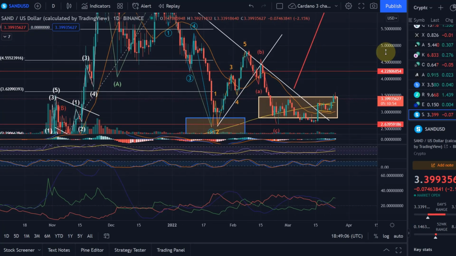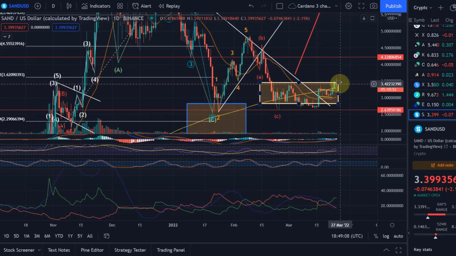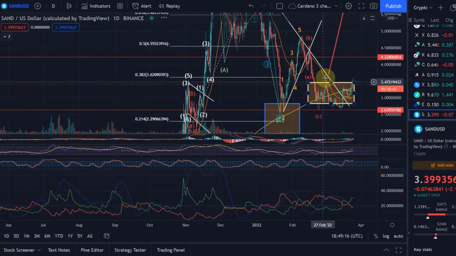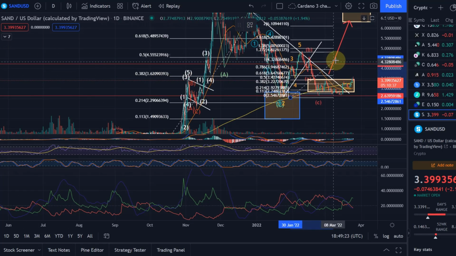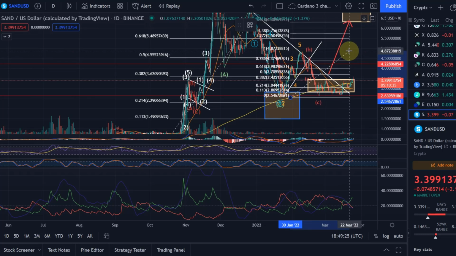Also the structure, in my point of view, would support higher prices, and the fact that the Sandbox is already moving out of that target area of that wave 2, which was perfectly reached. And by the way, between Fibonacci levels, where was that target area actually located? We talked about it before the price did get into it.